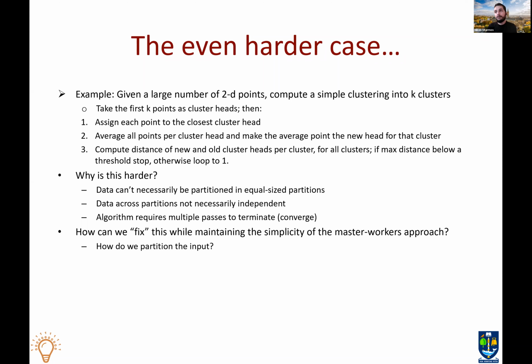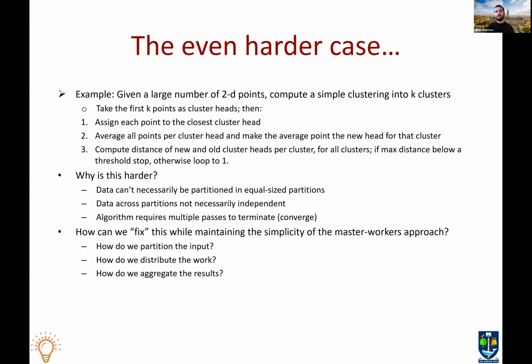How do we partition the input? We address that. How do we distribute the work? We've addressed that, right? So we'll just do whatever we were doing so far. But how do we aggregate the results? Now this has become way more complicated, because computing the average of all points for step 2 is a bit complicated, not that much.